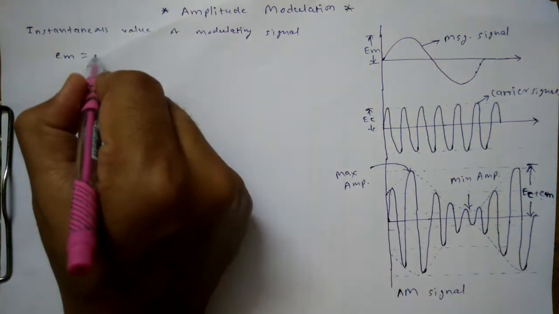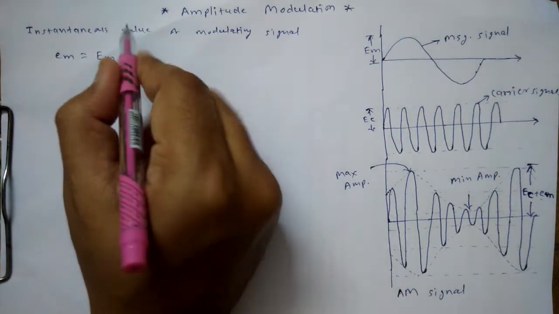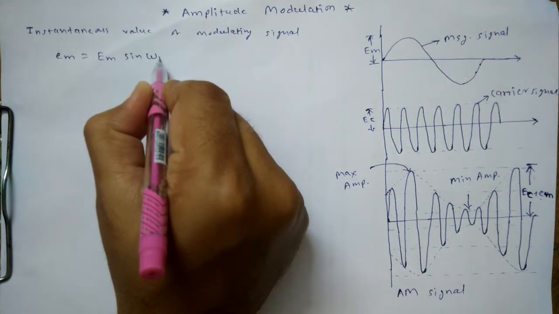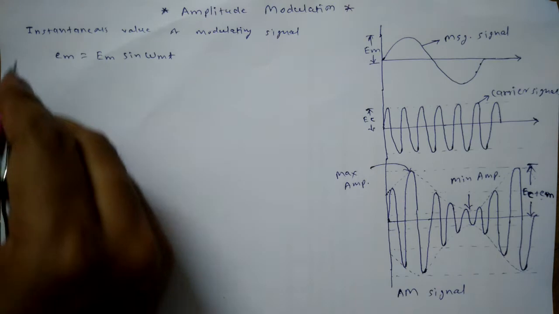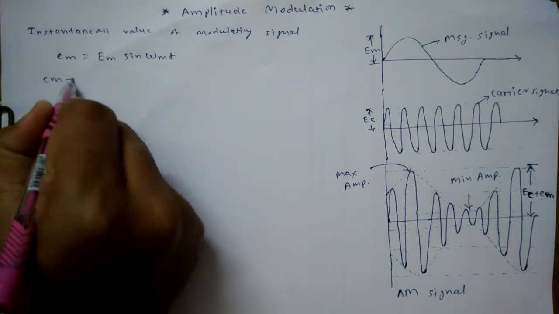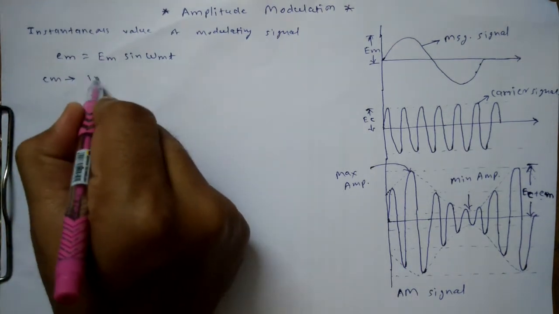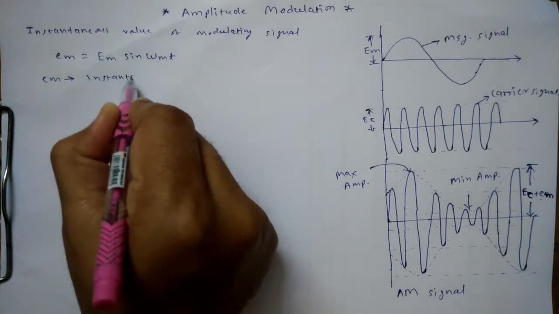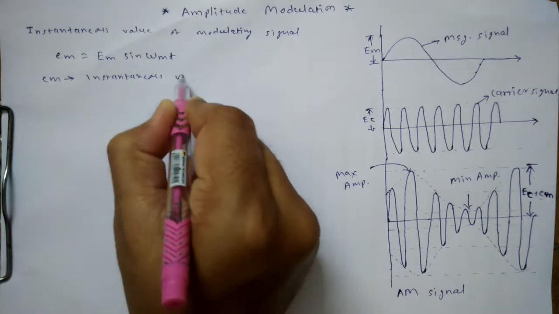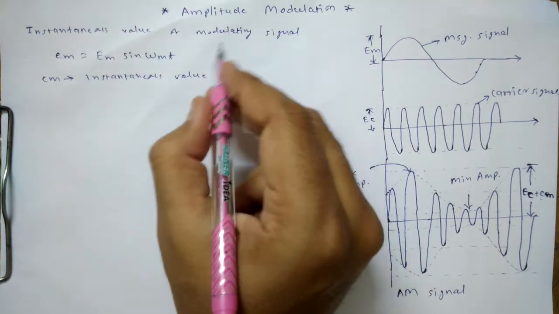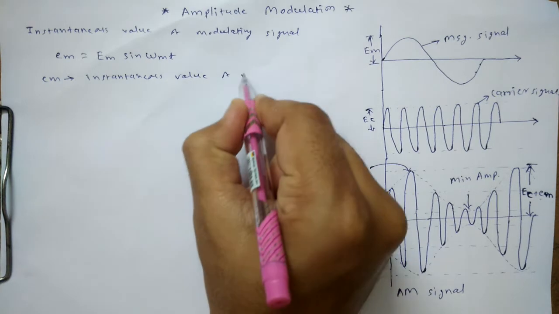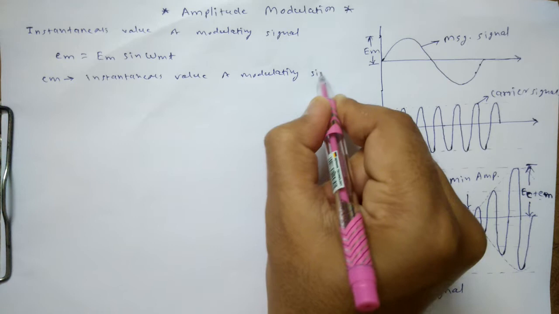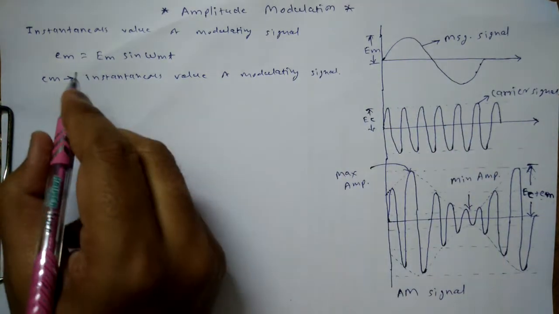So it is given like em equals EM sine omega m t, where small em stands for the instantaneous value of the modulating signal, or it is also called the message signal.